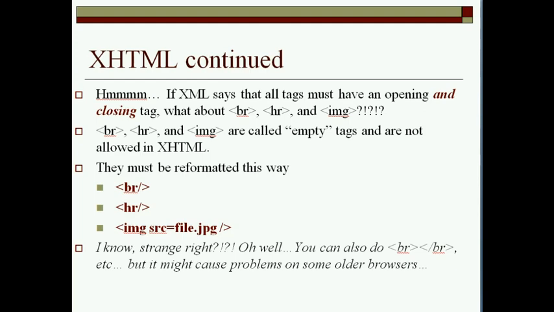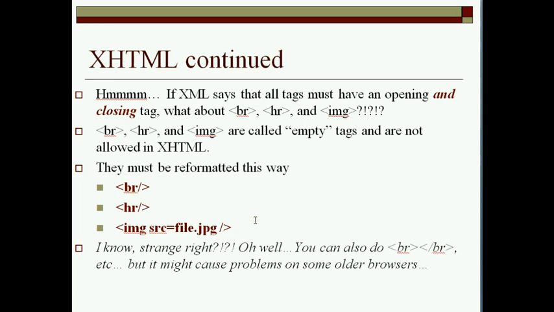Well, in that case, for these so-called empty tags, you have to reformat them in this way. So you see, the closing bracket is preceded with a slash. So you have to reformat them in this way for them to work.